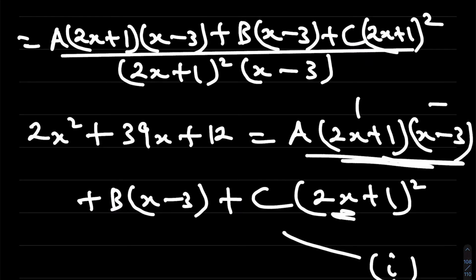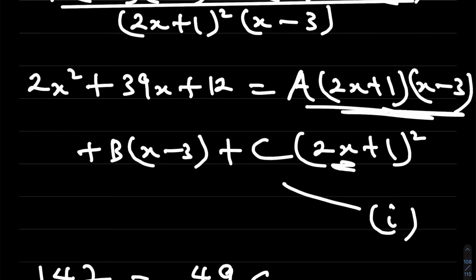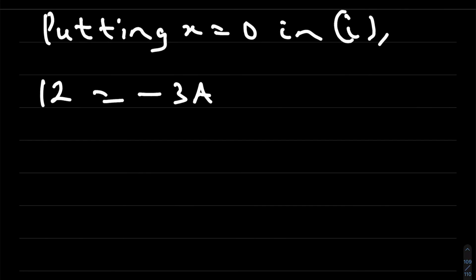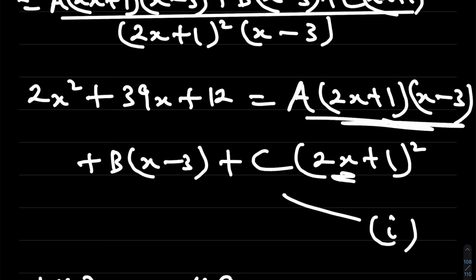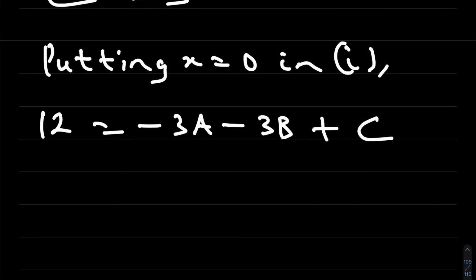And this is 0 minus 3, minus 3. So a times 1 times minus 3 will be minus 3a. Now 0 minus 3 is minus 3 times b, that's minus 3b. Minus 3a minus 3b. And this will be 2 times 0 is 0, 0 plus 1 is 1, 1 squared is still 1 times c, that's c.